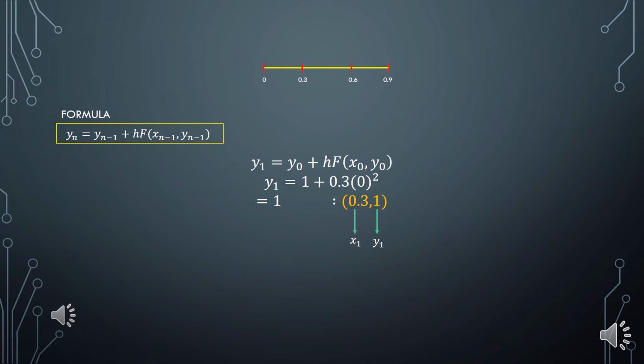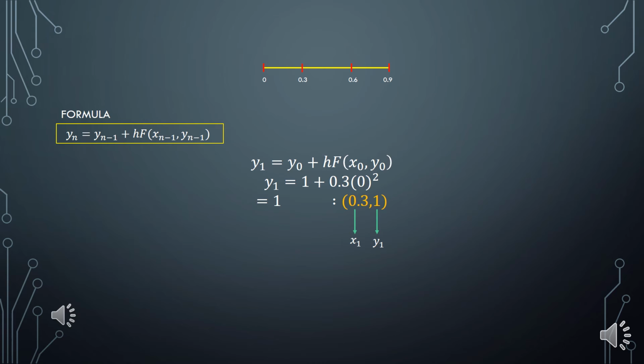So our y naught value is the value that we're starting with, and our initial y value is y equals 1. Then we take our step size of 0.3, and our capital F represents the derivative. So we have to plug in the values x sub 0 and y sub 0 for x and y respectively.